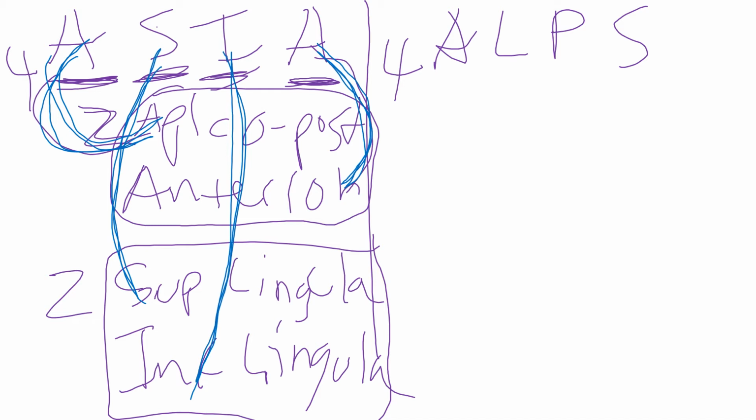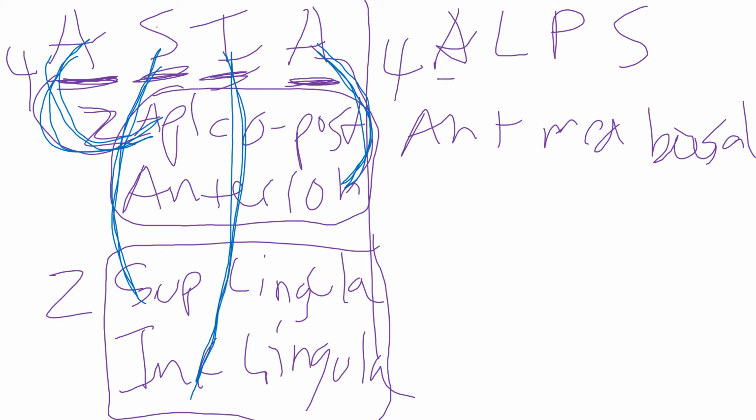And then Alps: remember, you have four segments in your left lower lobe. So Alps is your left lower lobe. This one is a little bit easier. A is for your anterior medial basal, right? Anterior medial basal, so that's the first one.